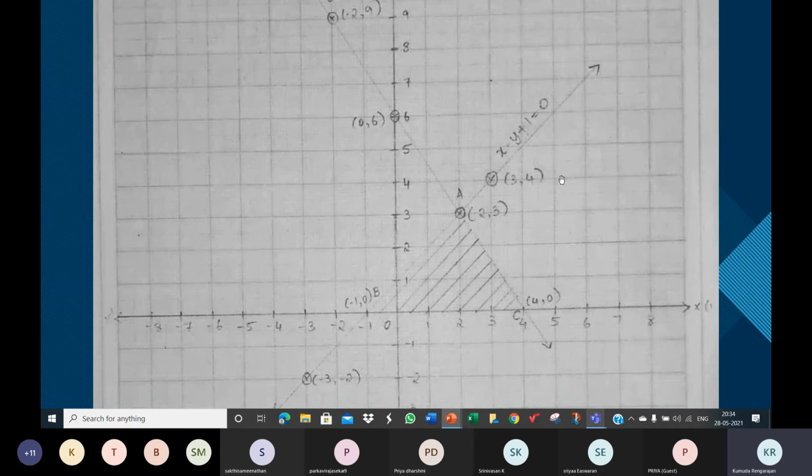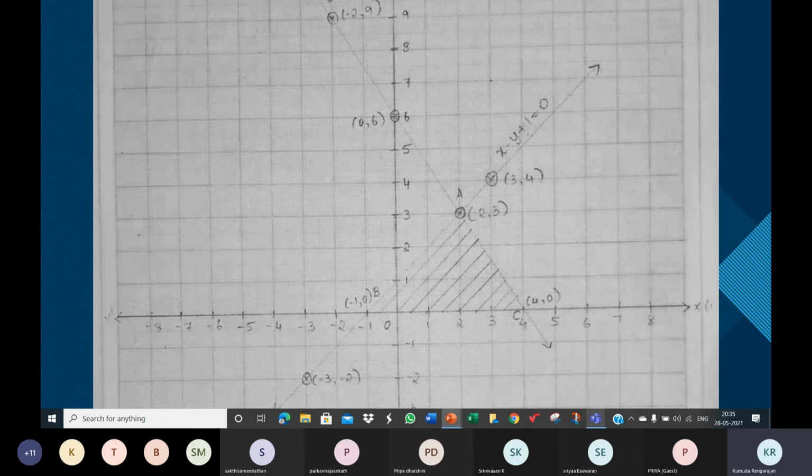Now what about y is equal to 0, children? What is y is equal to 0? It is the line on the x-axis. y is equal to 0 is the equation of the x-axis itself.